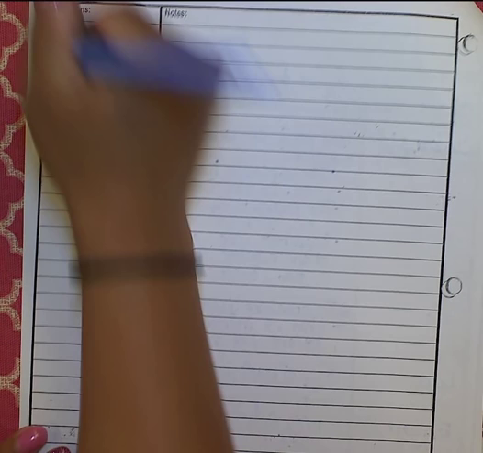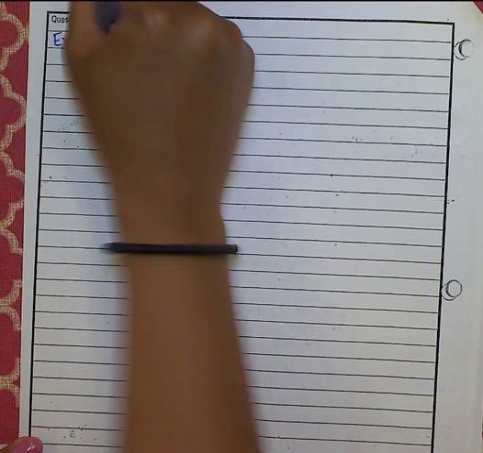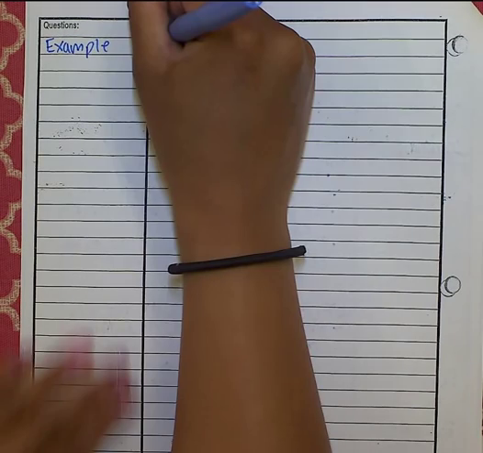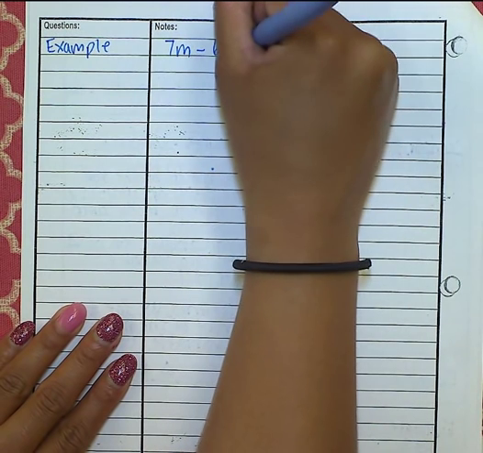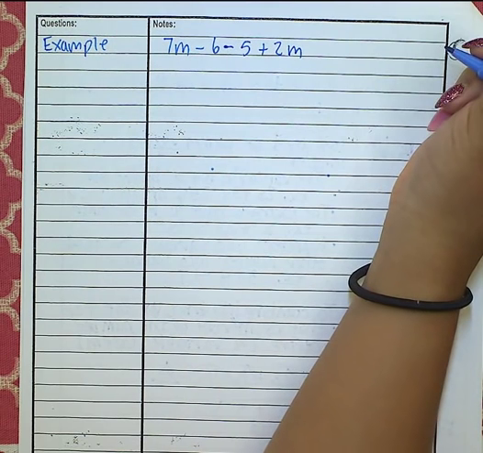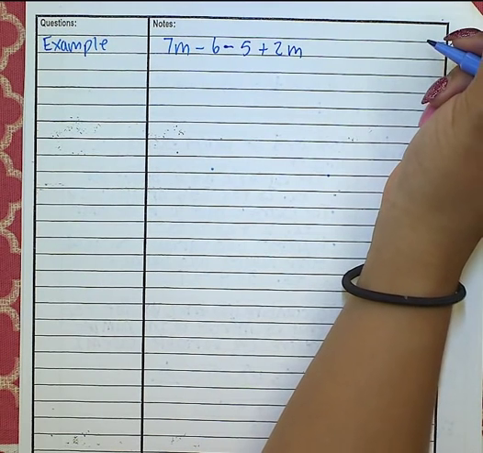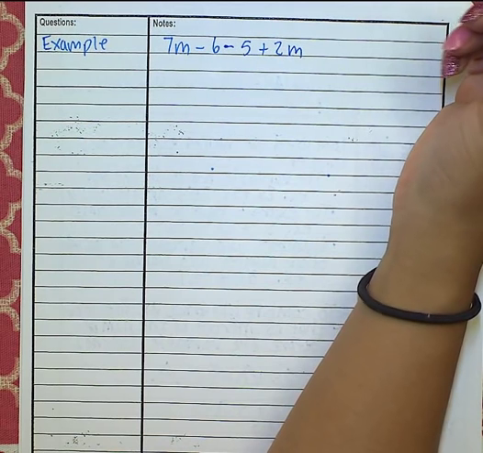So now we are going to try an example like so. We're going to say that we have 7m minus 6 minus 5 plus 2m. Remember, any letter can be used as a variable. Right now I'm using m as a variable because it means the exact same thing as x.